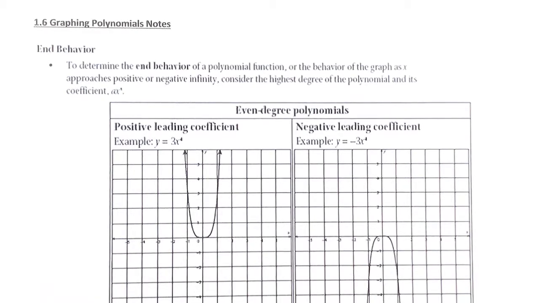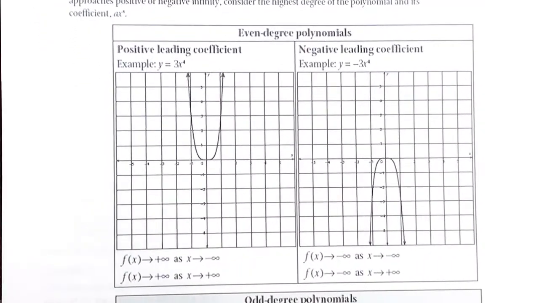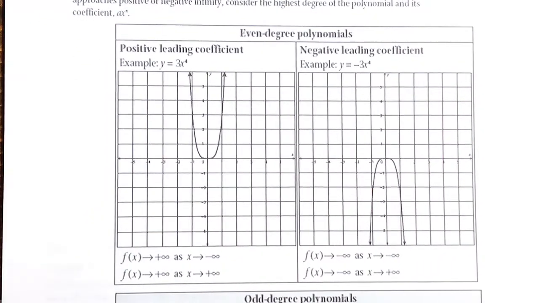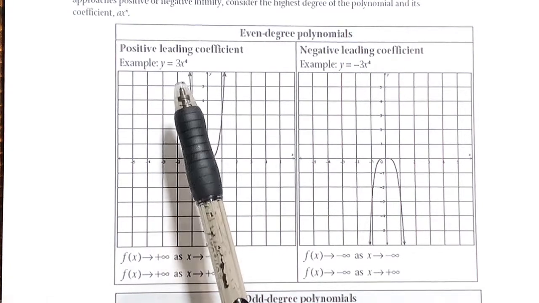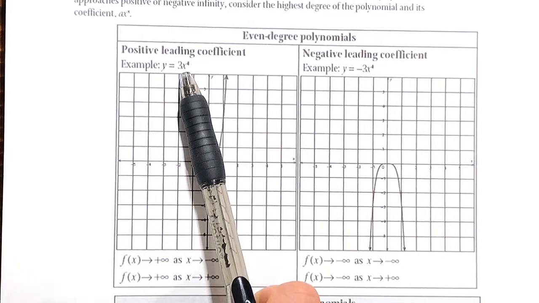There are some patterns that we can learn when it comes to end behavior based on the way the polynomial is written. When we are looking at our polynomials, what we're going to do first is find the leading term. So we want to find the term with the highest power. If it's in descending order, it will usually be the first term.